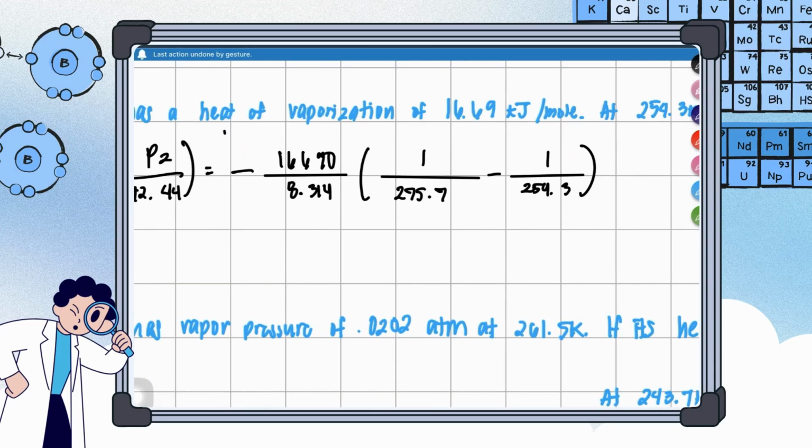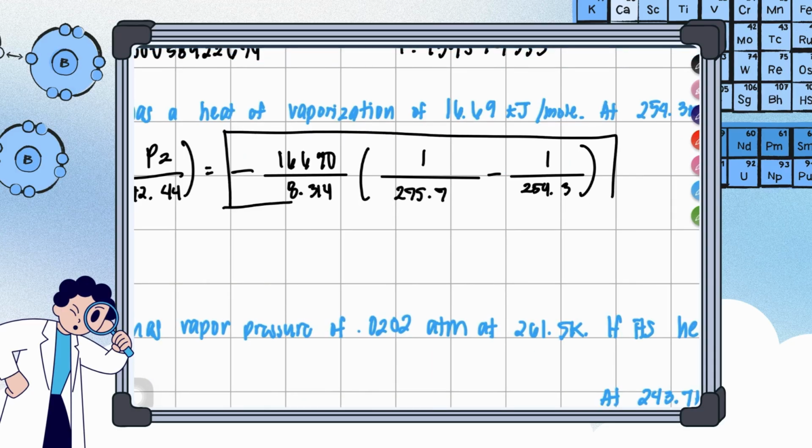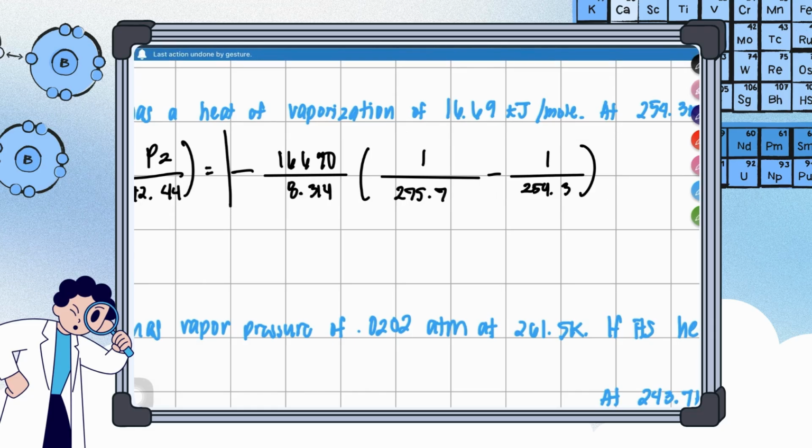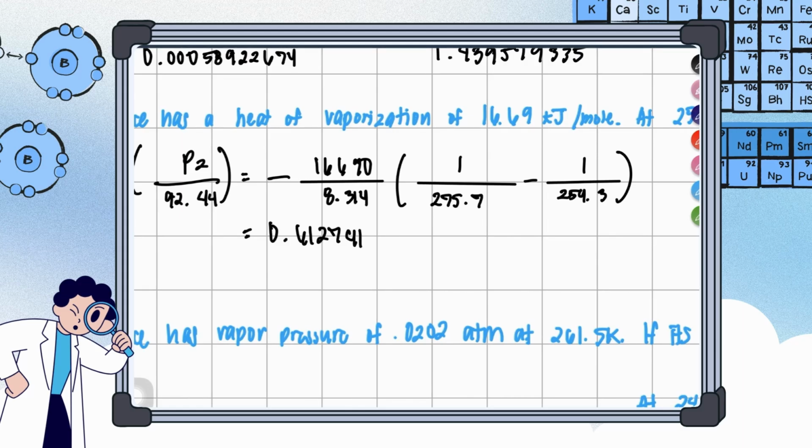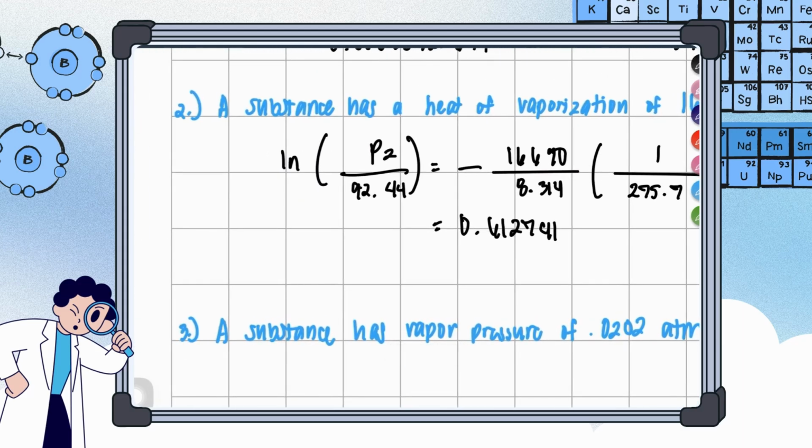So if we process the right-hand side of the equation, we will get 0.612741.